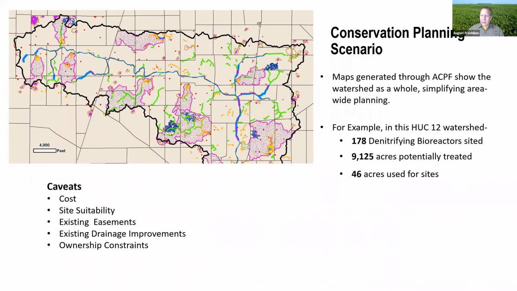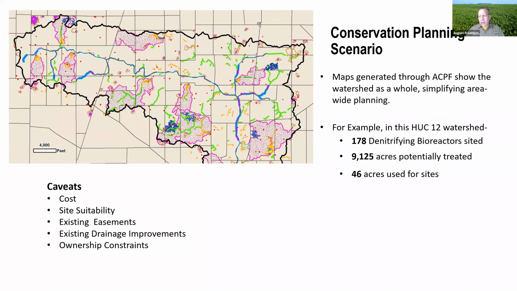So as we normally do, we don't look at these things just field by field. That's the one beauty of the ACPF. We were looking at this across the entire watershed. In this specific instance, we identified 178 bioreactor sites that could potentially treat 9,000 acres at the cost of 46 acres of land.